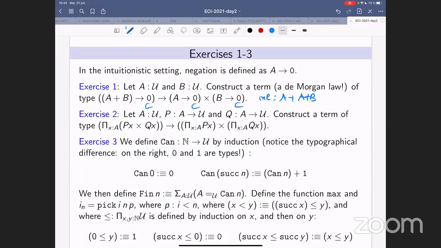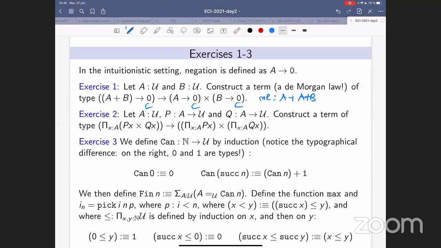And exercise 2, you can see it also as a little formula from logic. If you know that for all x you have two predicates that hold, px and qx, well, it implies that for all x, px holds, and for all x, qx holds.